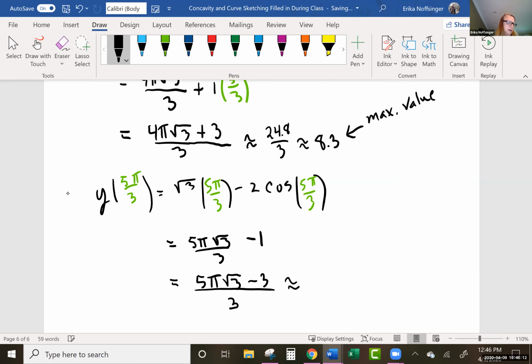So 5 pi √3 minus 3, which is about 24.2, over 3, which is about 8.07.